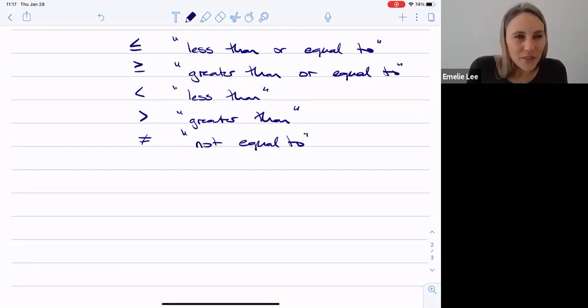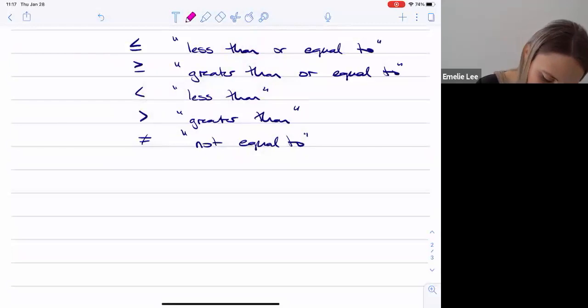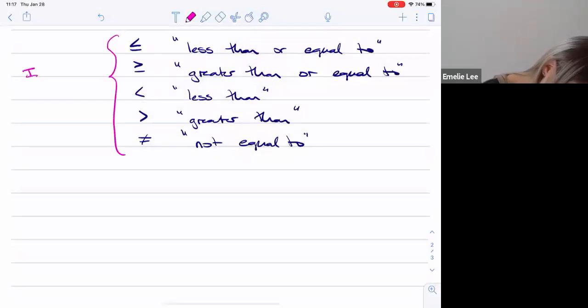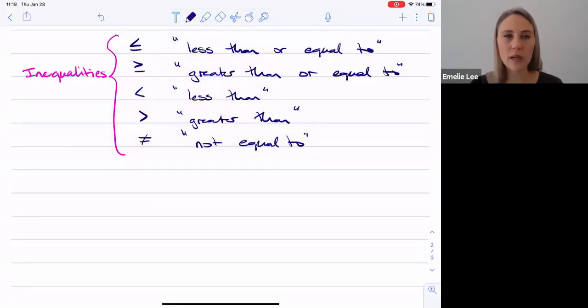The only restrictions on inequalities versus equal signs are if you're multiplying or dividing by a negative number. What I want you to remember is you can treat all inequalities as if they're equal signs in our math, unless we're multiplying or dividing by a negative. Then we must switch the direction of the inequality.